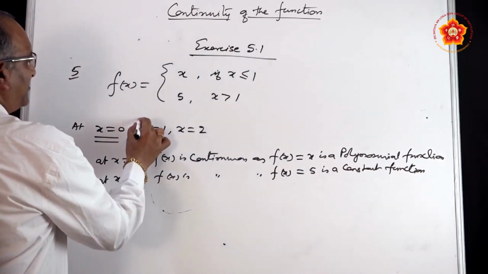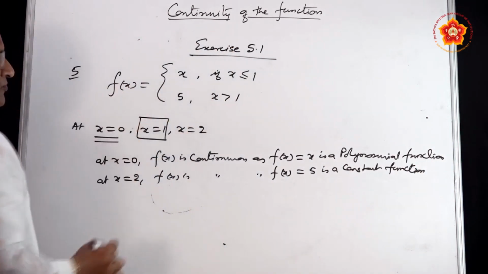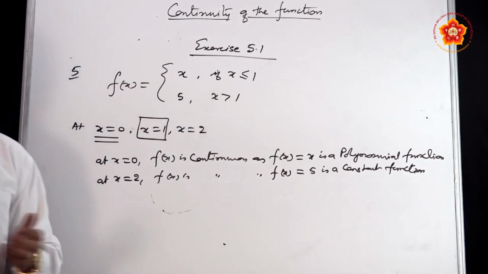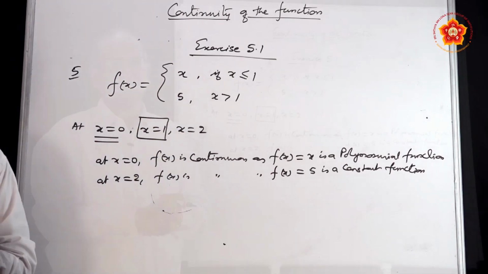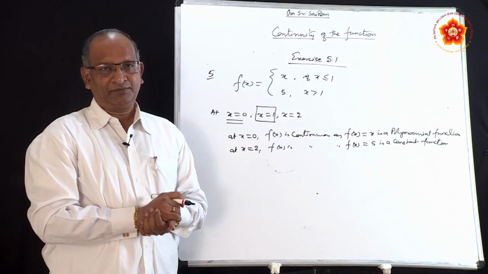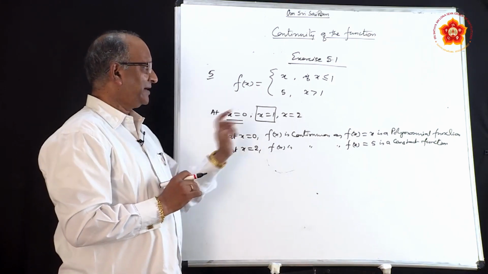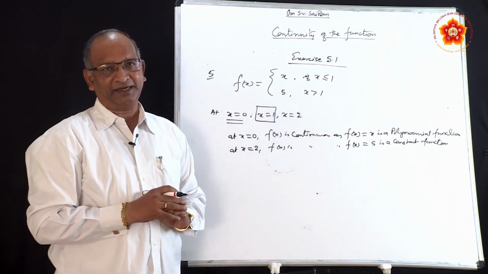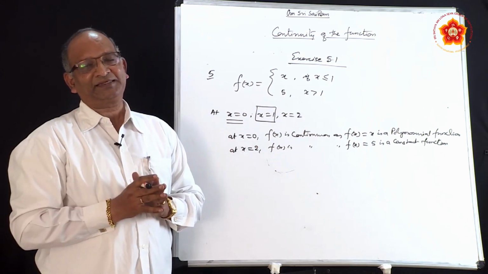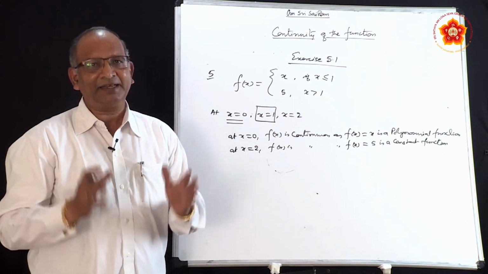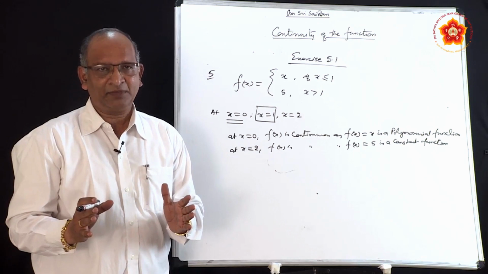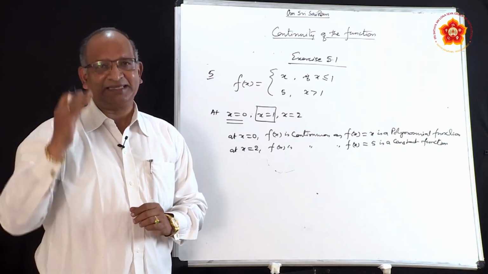So what is left? It is only x equal to 1, and let us check at x equal to 1 whether it is continuous or not. At x equal to 0 it is continuous, at x equal to 2 it is continuous. We are checking where x equal to 1. So we basically need to test wherever the interval is changing.